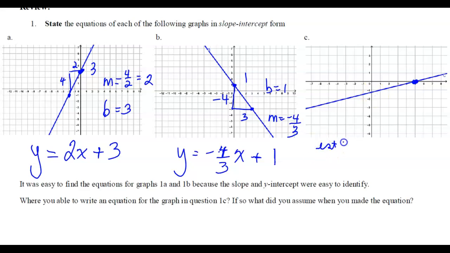So here, from what we know, we would estimate it to be y equals, well, choose another. So here, that's a decent point. So that's up 1 to the right 4. So I would estimate it as 1/4 x minus, say, 1 1/4, minus 5/4 maybe.